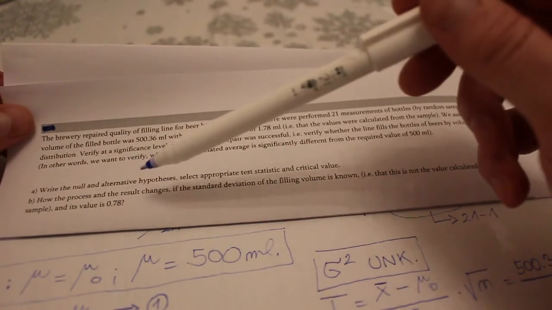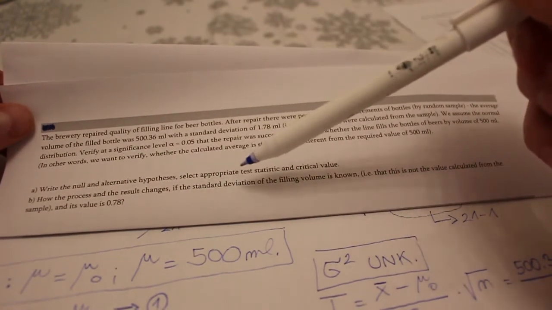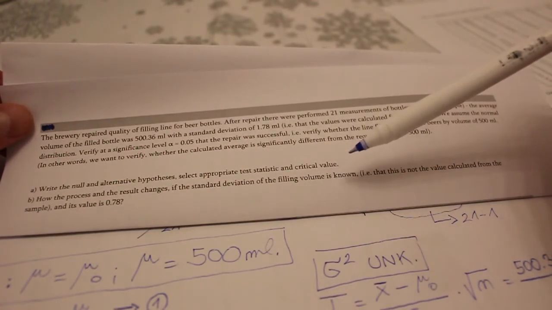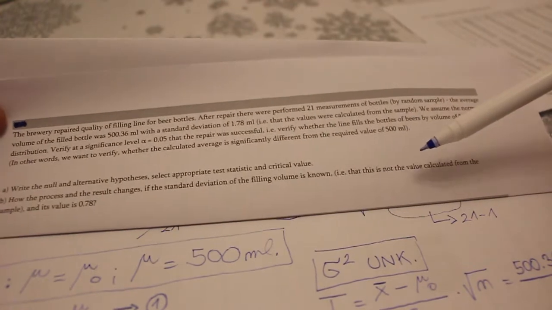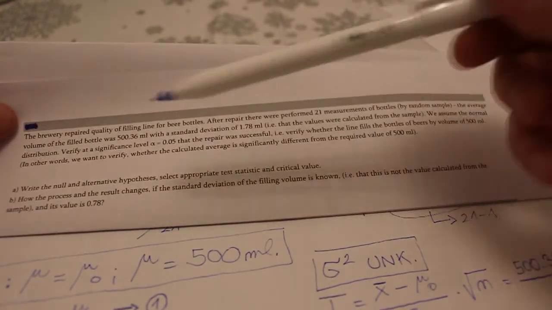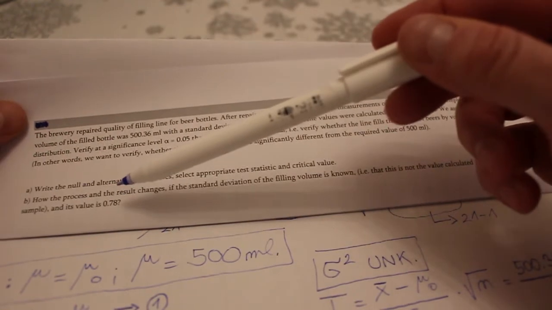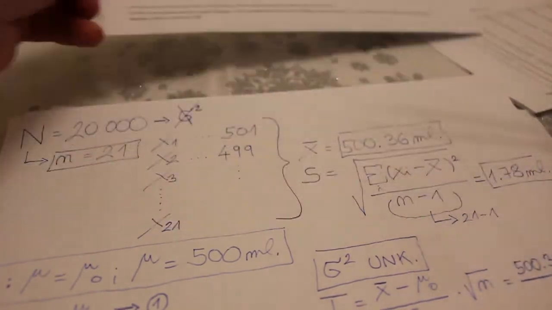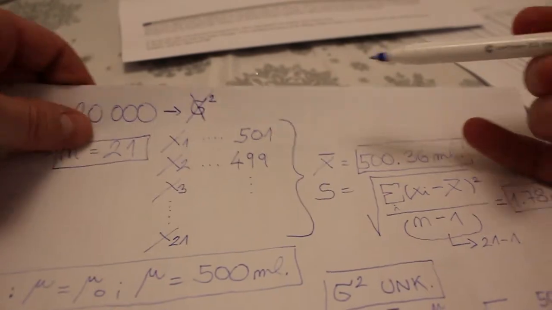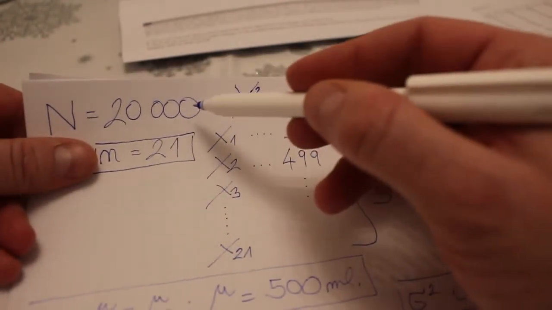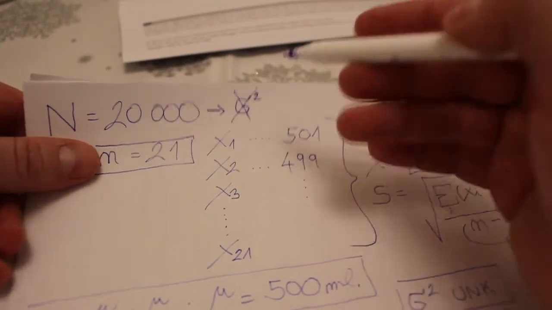How do the process and the result change if the standard deviation of the filling volume is known? It means that this is not a value calculated from the sample, and its value is 0.78. Now, a different situation. Can you see this population of beer bottles in the warehouse?